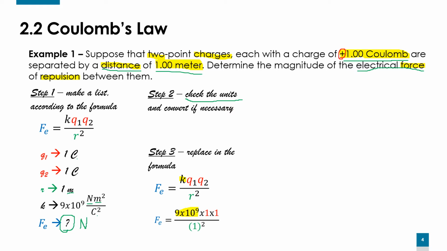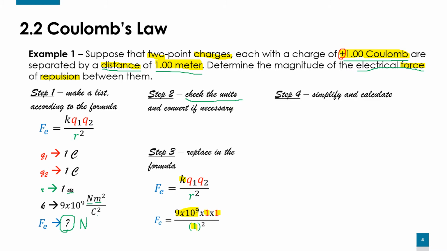It's given. My Q1 is 1 Coulomb, so I put 1. My Q2 is also 1. My R is also 1, so this one is an easy one, to the power of 2. Okay? Any problem so far? I guess not, right? So let's move on.